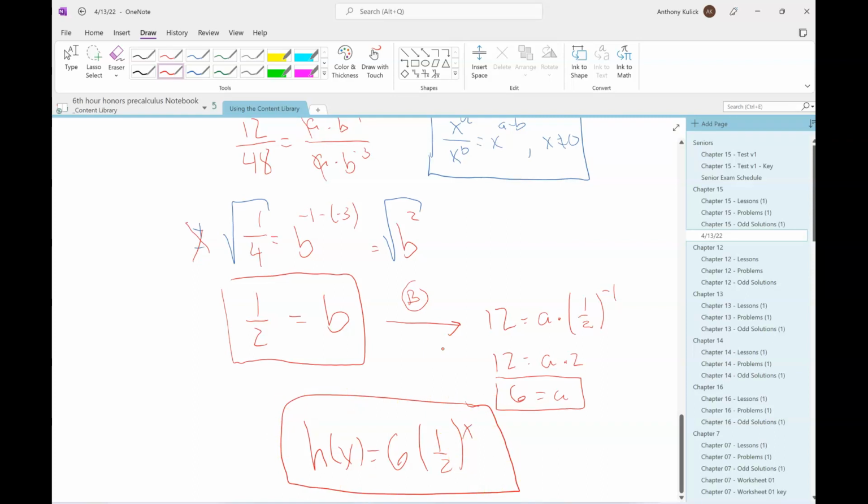So that then is everything I need to write my exponential equation. You guys feel okay there? No big deal, right? A little bit trickier than the other one because you have that system to solve, but it's not a hard system. You can always just divide one by the other and the a's will automatically drop out and you're just left solving for b. They can all be done the same way. It really doesn't make much difference.